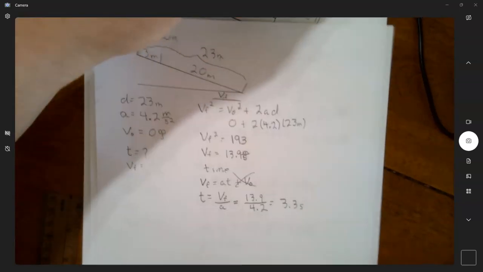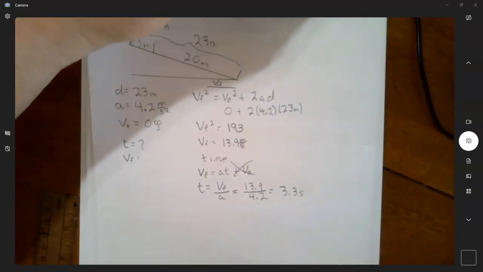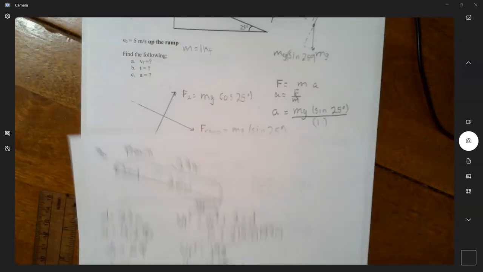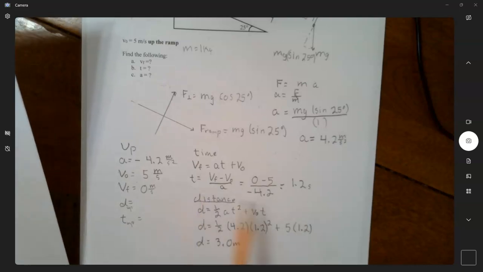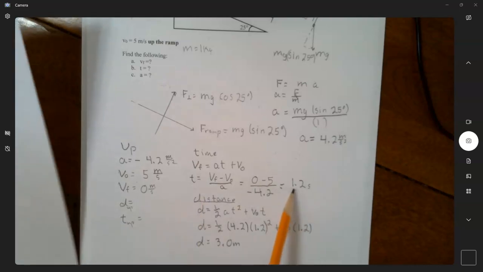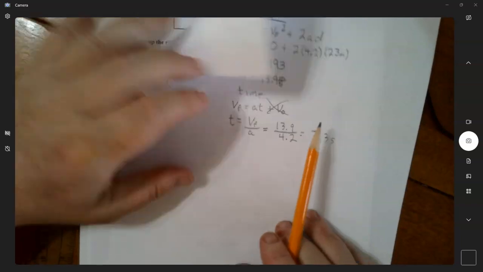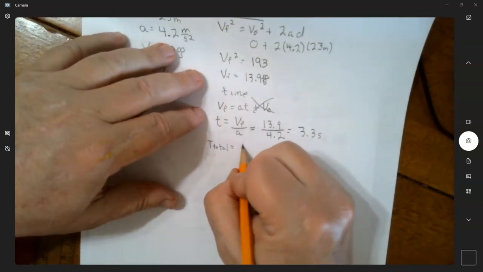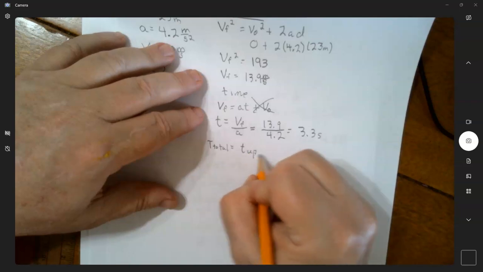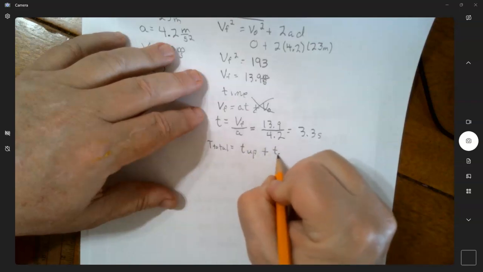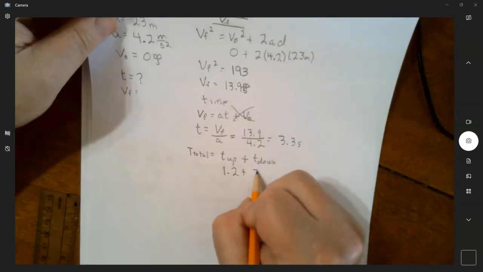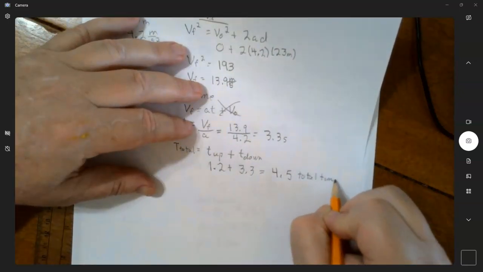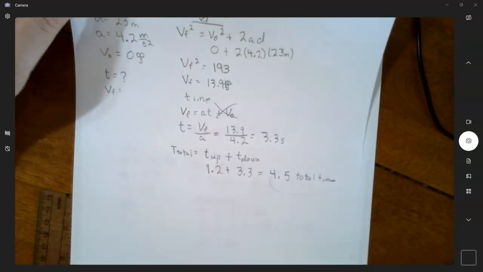Okay, so then the final answer for time is not just 3.3, it's the amount of time we said it took for it to get up to its highest point, 1.2. So total time equals time up plus time down. That equals 4.5 seconds total time. Okay, and that takes care of everything for this problem.